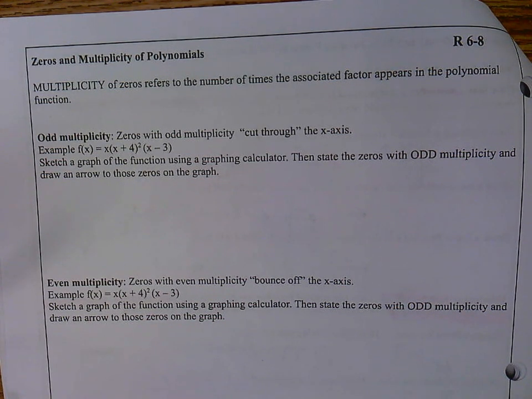X minus 2 is appearing once. We're going to start looking at x plus 1 times x minus 2 squared. So now, how many times does x minus 2 actually appear? It actually appears twice. X minus 2 times x minus 2 is x minus 2 squared. So it's actually appearing twice.